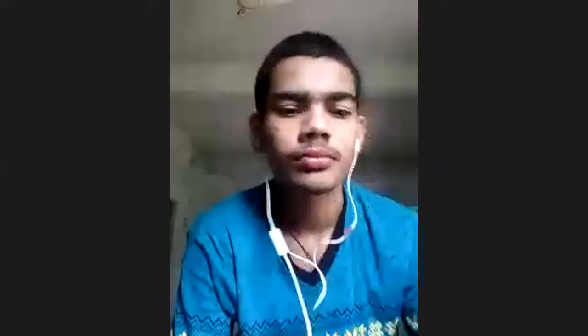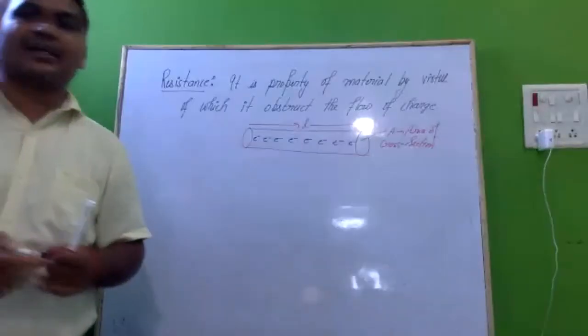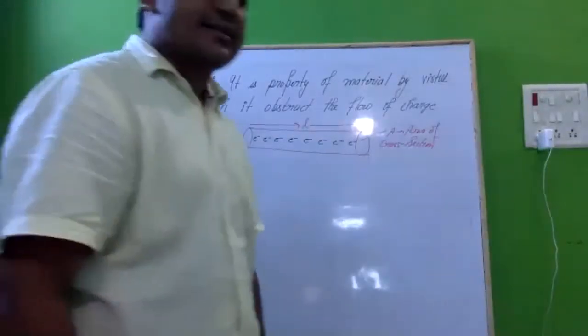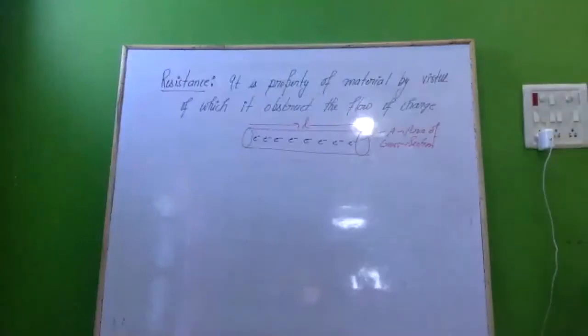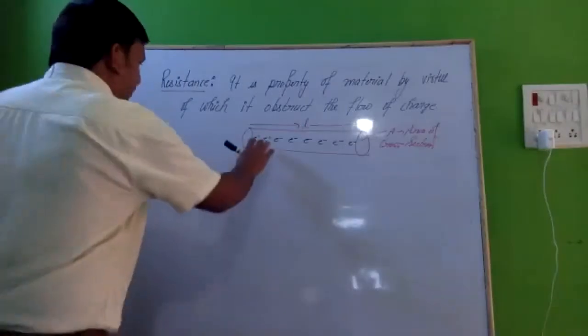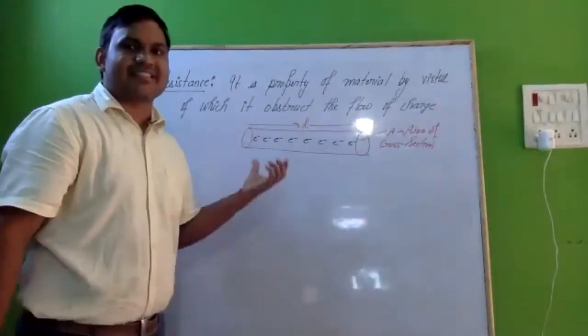These electrons are basically densely packed. Densely packed means what? These are very crowded.